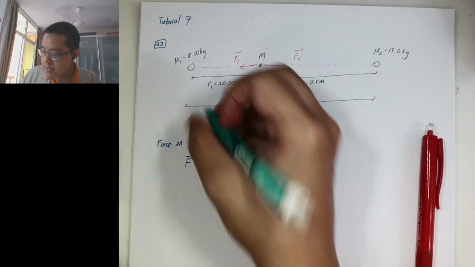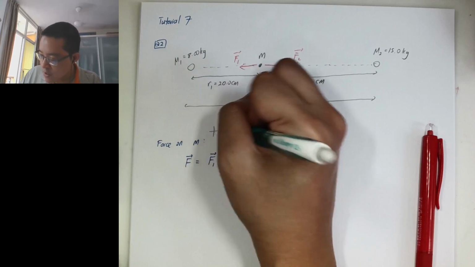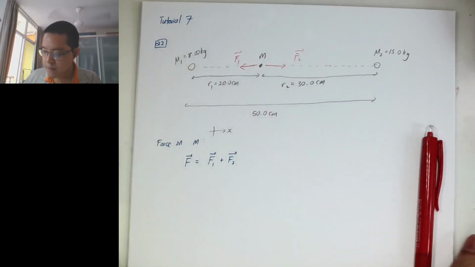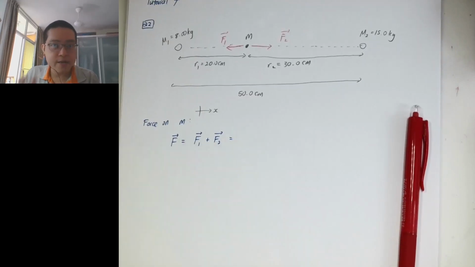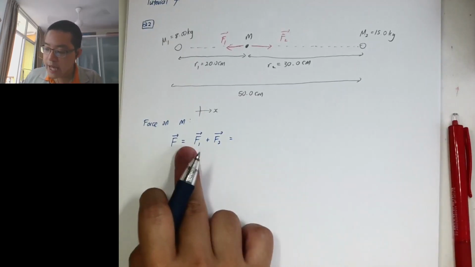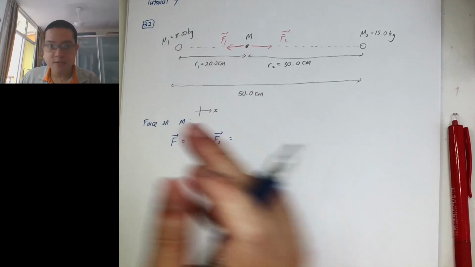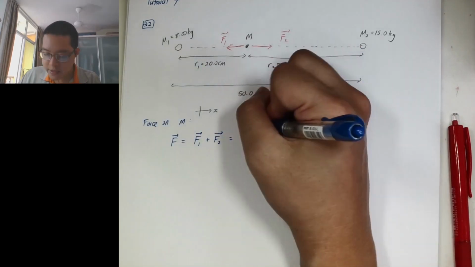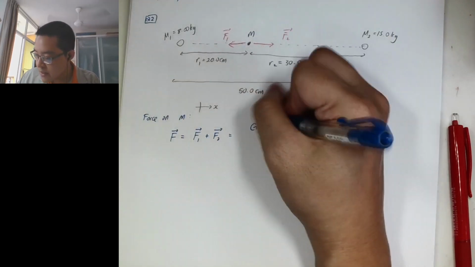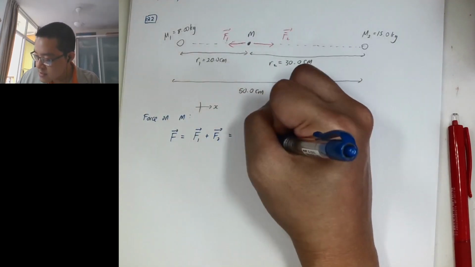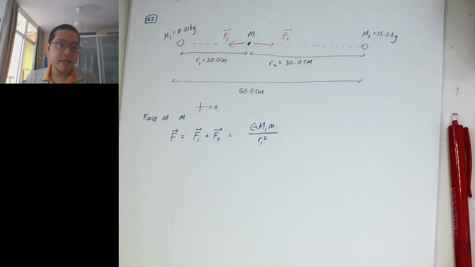Let me define my axis. Let me call this my positive x direction. Hopefully this makes you practice writing vectors. The F1 force is from m1. Everyone knows the magnitude: G m1 m over r1 squared. How to get the direction?